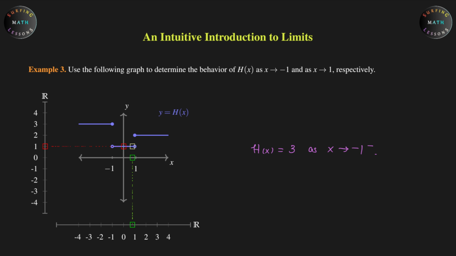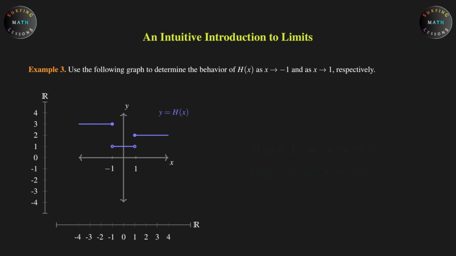Now, as x approaches minus 1 from the right, h of x behaves like the constant function y equals 1. Notice that in this case, h of x does not have a unified behavior, but rather its behavior depends on whether x approaches minus 1 from either the left or the right.